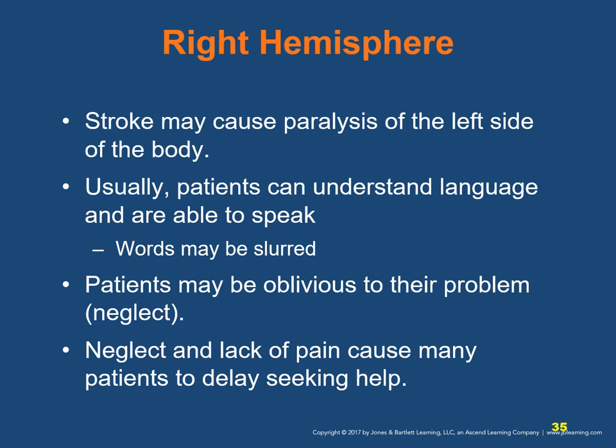Neglect and lack of pain can cause many patients to delay seeking help. They don't really perceive that there's anything wrong. On the inside, as far as they're concerned, everything's functioning normally. But to others, they will present one or more of the symptoms that I mentioned.